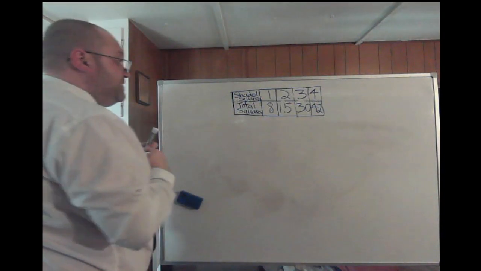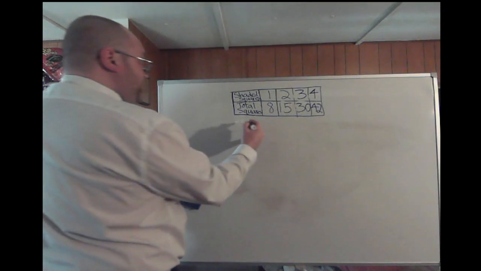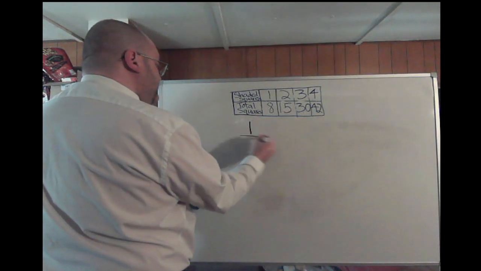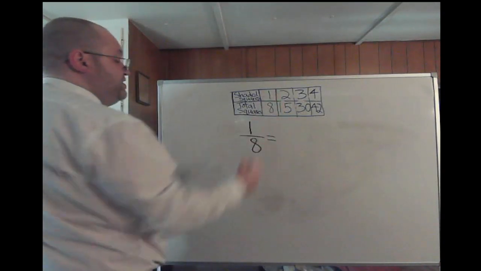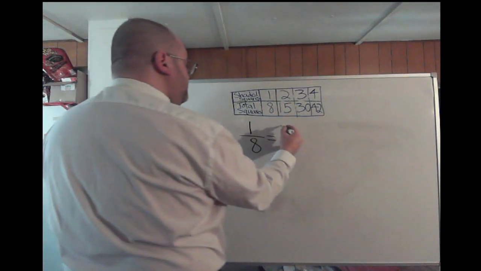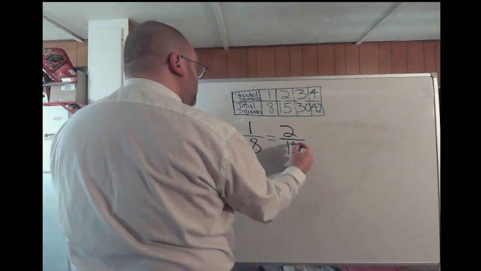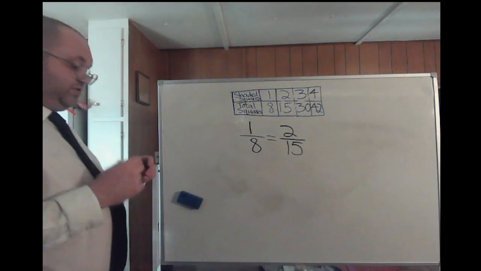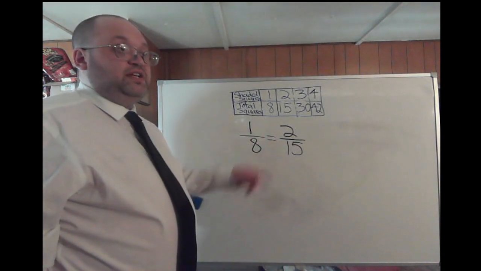So what you've got to do again, take your founding ratio, the 1/8, the 1 shaded square to 8 total squares. Let's pick on your second ratio here, the 2 shaded squares to 15 total squares. Does 1/8 equal 2/15? First ask yourself, does 2/15 reduce any further?